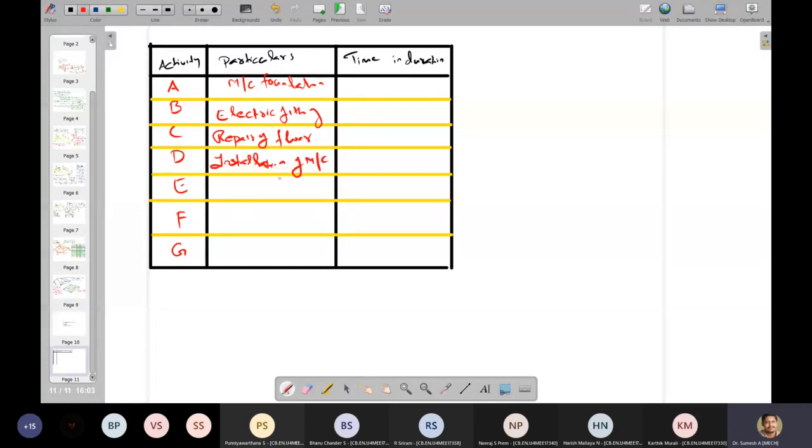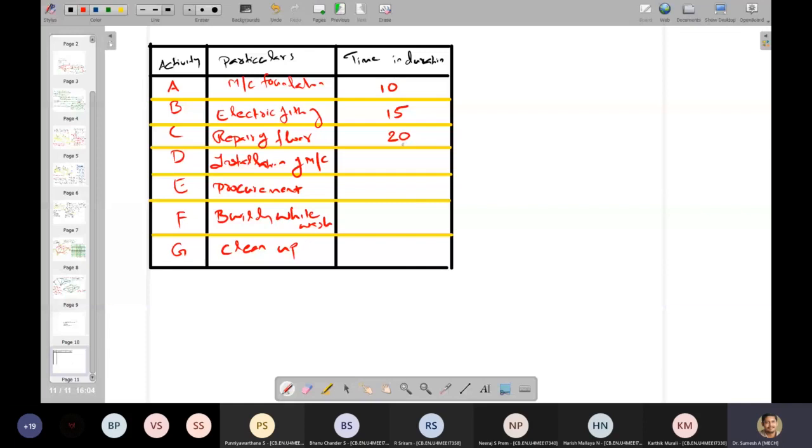E is procurement. F is building whitewash. G is cleanup. Durations are 10, 15, 20, 12, 15, 5 and 2.